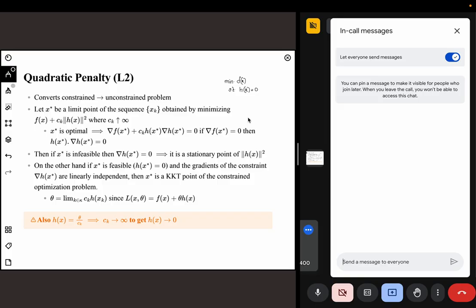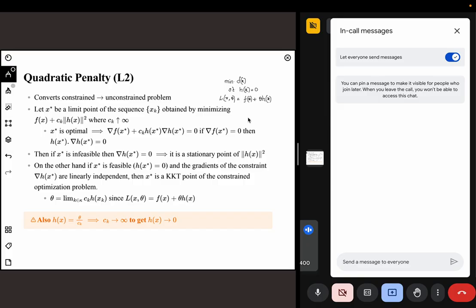Suppose this function is differentiable. We are not explicitly keeping the extra condition that h of x equals 0. If you remember the Lagrangian method, we defined the Lagrangian L of x comma theta as f of x plus theta times h of x.